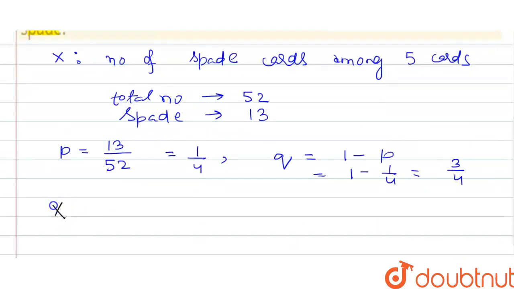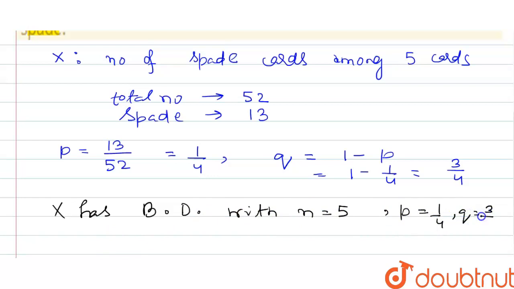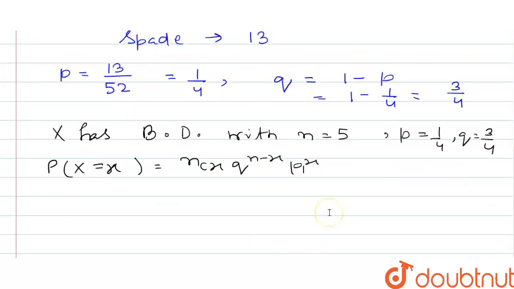Now X has a binomial distribution with n equal to 5, P equal to 1 by 4 and Q equal to 3 by 4, and it follows P(X = x) equals nCx Q to the power n minus x, P to the power x, where x equals 0, 1, 2 up to n.